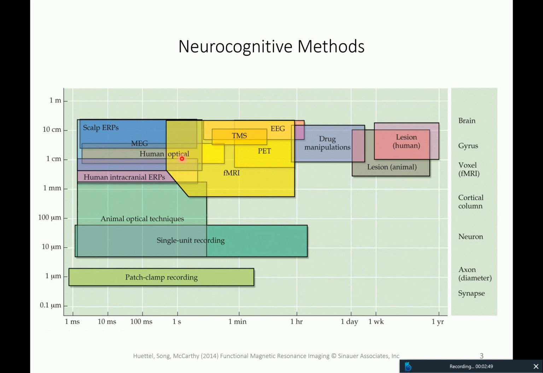But we are still somewhere here in terms of trying to resolve neural activity in the order of seconds to milliseconds with the ERP, and at the order of centimeters to millimeters at the level of fMRI. This is where cognitive neuroscience happens, after all.